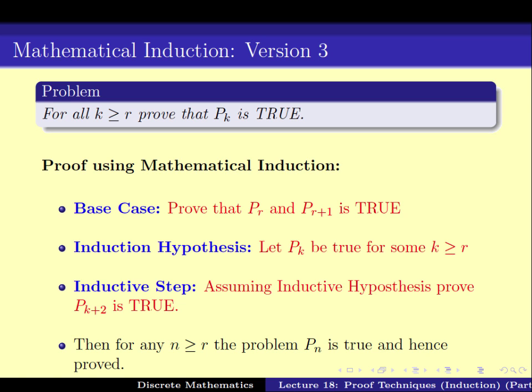For some problems, applying version 3 will be easier, meaning proving Pk plus 2 is true assuming Pk will be an easier thing. In some cases, proving Pk plus 1 is true assuming Pk will be an easier thing, and in that case we use version 2. So which version of induction hypothesis to use depends fully on the problem at hand.